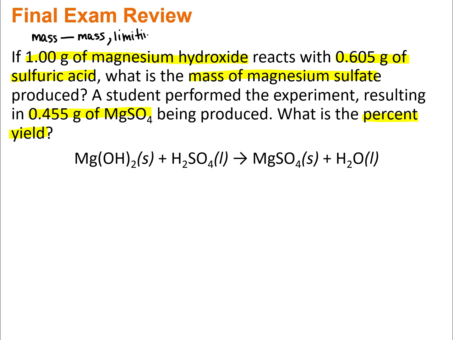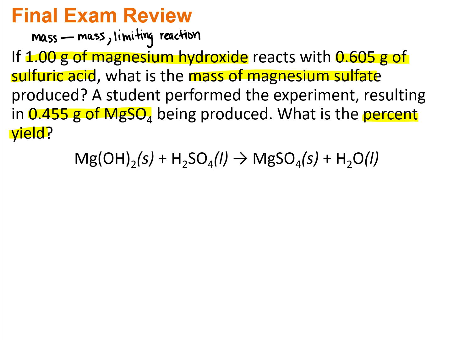There's also a limiting reactant flare to this question. If we mix these two things together, one of the ingredients is going to be in excess. The other one will be limiting. The one that's limiting will limit how much magnesium sulfate we produce.